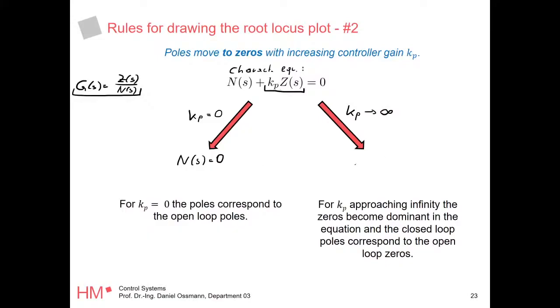So what we are left with is Kp times z of s equals 0. If you divide that by Kp, you are left with z of s equals 0. So that means for very, very large gains, your closed loop poles move into the zeros.